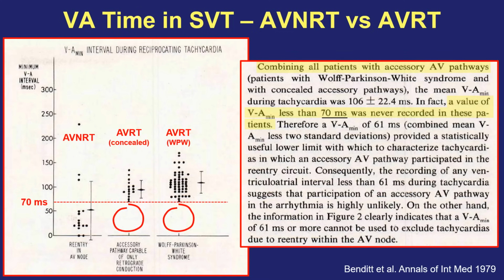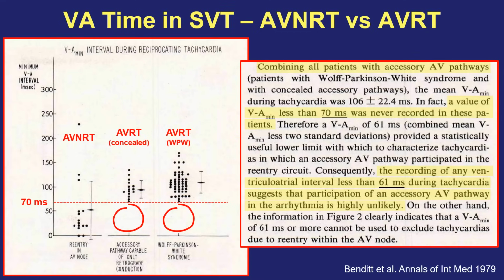They started to put their statistician hat on after that, and they said, well, if you want to think about two standard deviations here, you could actually use a number of 61 milliseconds if you wanted to be really, really sure, because there were a couple of intervals that really were very close to 70 milliseconds. So if you wanted to be even more confident that this VA time being shorter than 61 milliseconds was highly unlikely to represent AVRT, you could use that shorter number. But really 70 milliseconds is the standard cutoff that people use to rule out AVRT if you see a VA time shorter than that.